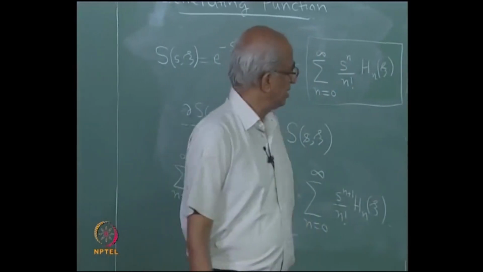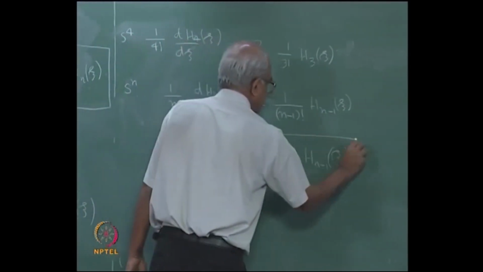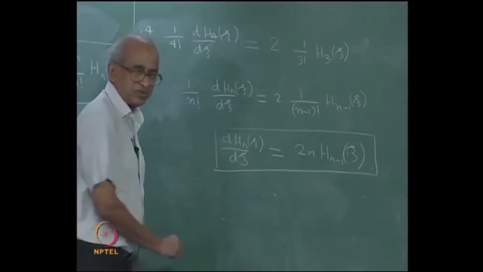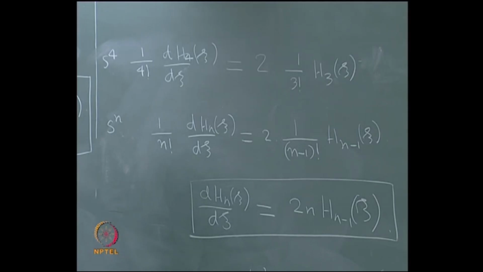So I have proved this relationship. How did I prove it? I used the generating function, that is why the generating function is useful. If you took the first derivative of this hn, the answer is h n minus 1 into 2n. Is that a mistake?